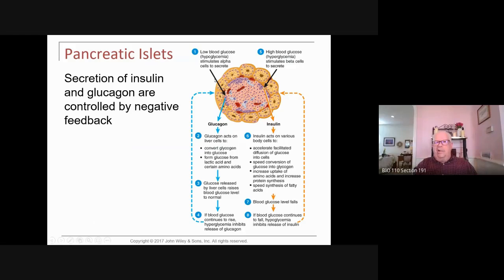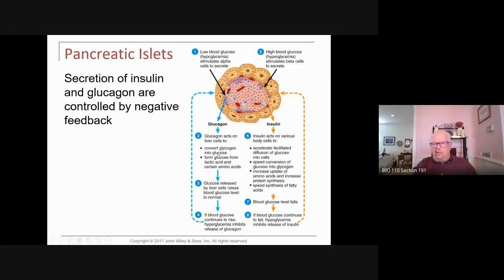And here it is. Low blood sugar, known as hypoglycemia, stimulates the alpha cells to secrete glucagon. Glucagon acts on the liver to convert glycogen into glucose. It also forms glucose from amino acids and lactic acid.